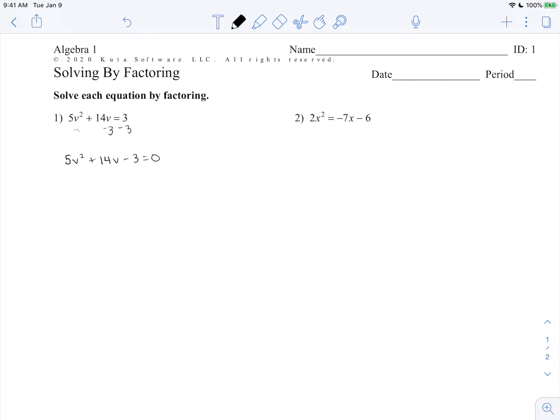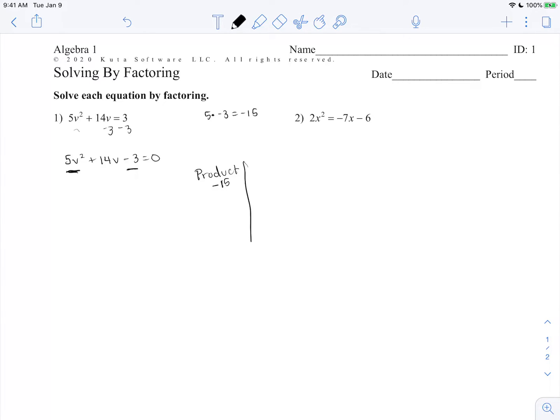When there's a number in front of this squared term, and we can't factor out a greatest common factor in this case, what we're going to do is multiply this 5 and this 3 together to start. So we're looking for a product. I'm going to multiply 5 and negative 3, so we're looking for a product of negative 15, since 5 times negative 3 equals negative 15.